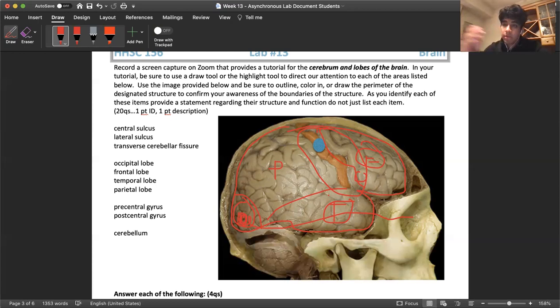The one in front is the precentral gyrus, and that is for everything motor related. It's the intention. For example, say you want to contract a muscle.